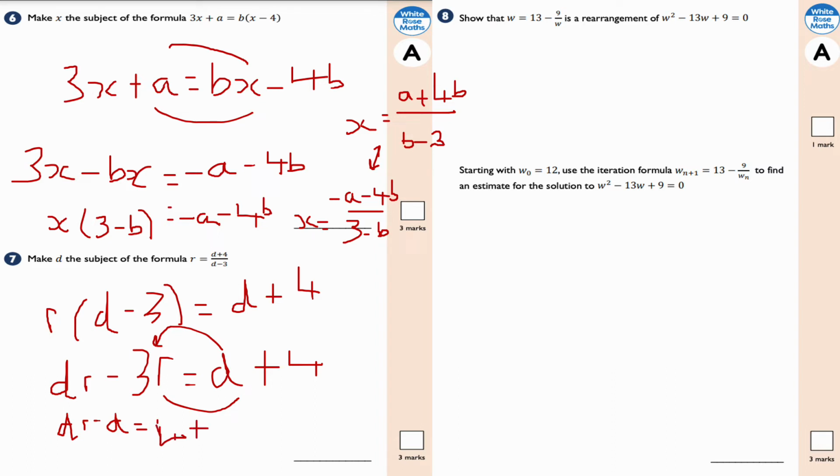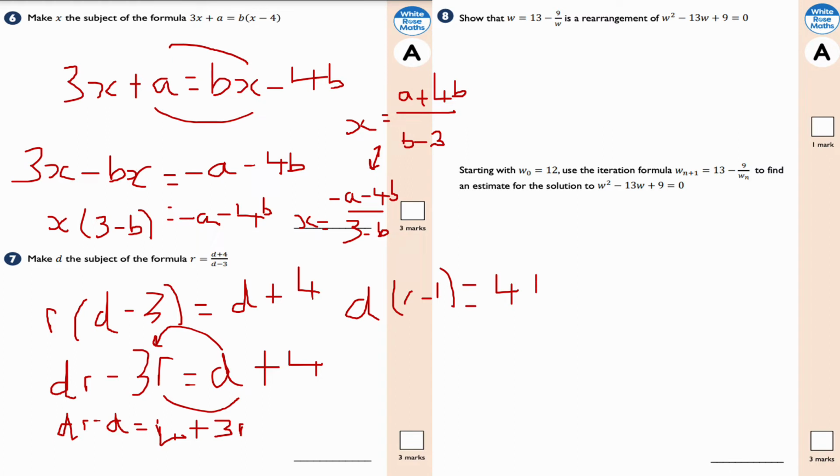So 4 plus 3r. If I factorize the left-hand side out, taking out a factor of d, I get d brackets r minus 1. That has to equal 4 plus 3r.